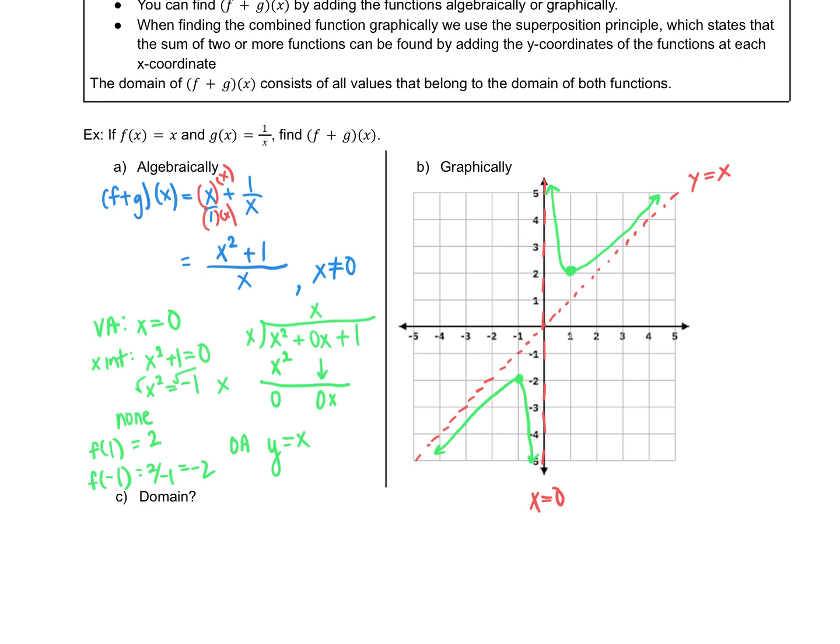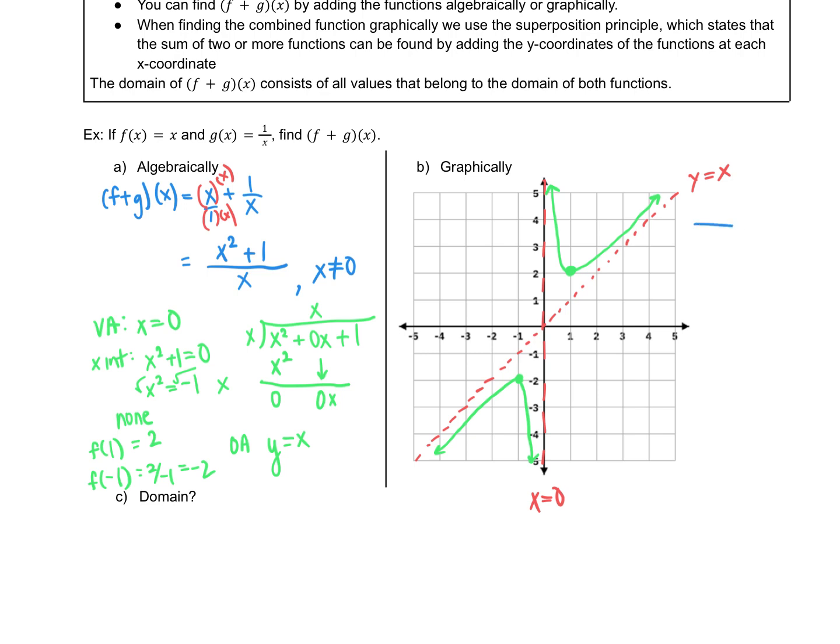There's our graph. Now, when we found the graph for this combined function, the combined function was something familiar to us, so we were able to use our prior knowledge to graph it. But if it were something that's not very familiar, we can always create a table of values for the original two functions and then add those y values. So I'll show it that way as well.